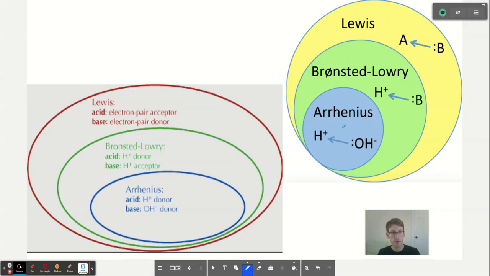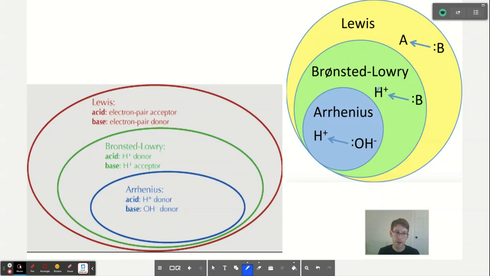I also like the way this is presented, because with Arrhenius, we're just looking at something that increases the concentration of H plus or OH minus. With Bronsted-Lowry, it's not necessarily OH minus. We need to have something that can pick up an H plus. But with the Lewis definition, there can be a variety of bases, and they will react with a variety of different acids.